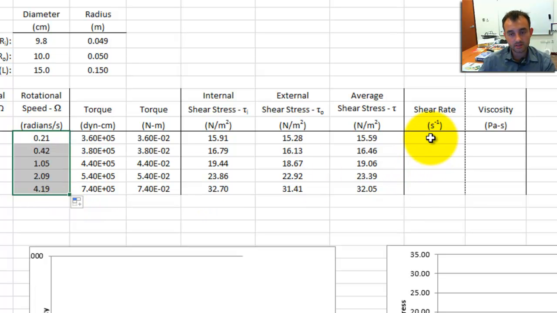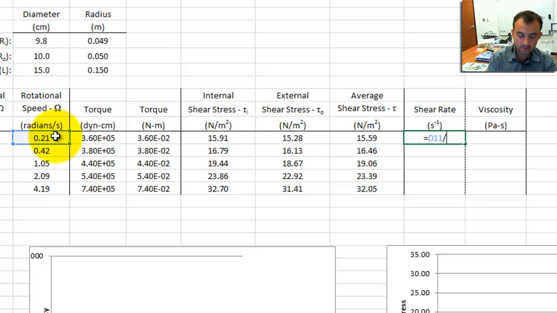To calculate the shear rate, we now do have the assumption that the two diameters, the cup and bob viscometer diameters, are very close to each other. Remember this, the beta ratio. So now the formula of this is the rotational speed over 1 minus the ratio of the diameters, the internal diameter over the external diameter.